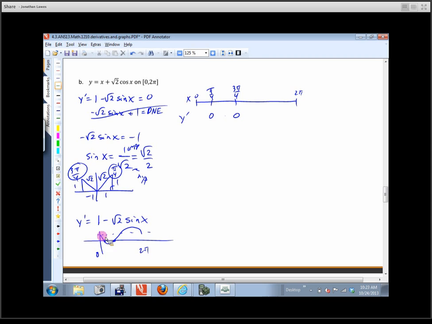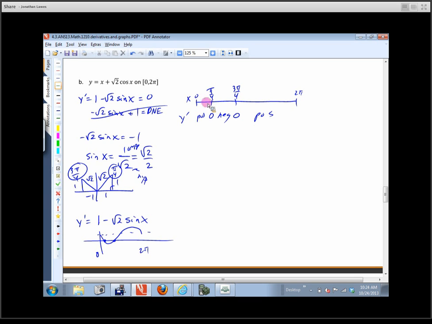So here and here, the derivative is positive. It's above the x-axis. So we're positive here and positive here. What is it in between pi fourths and 3 pi fourths? Negative. Now, if you need to pick an angle, if you want to plug in 22 degrees or something like that, if you want to plug in pi eighths into your calculator and have it give you an answer, it will give you a positive answer.